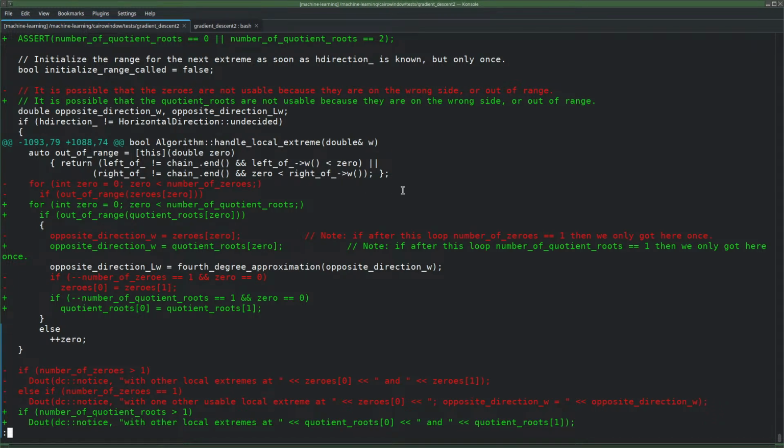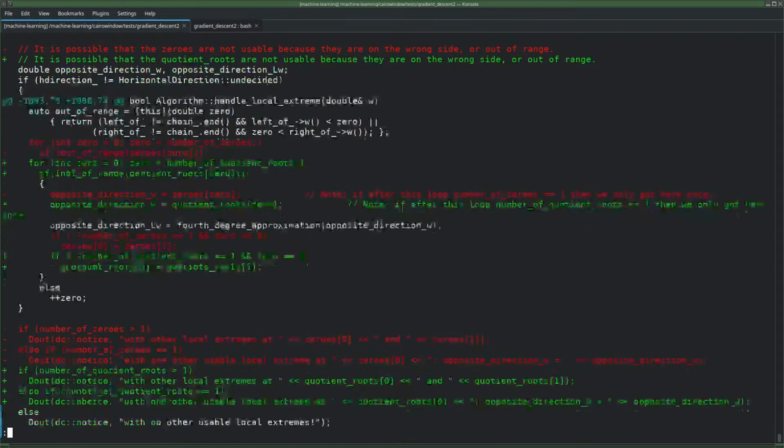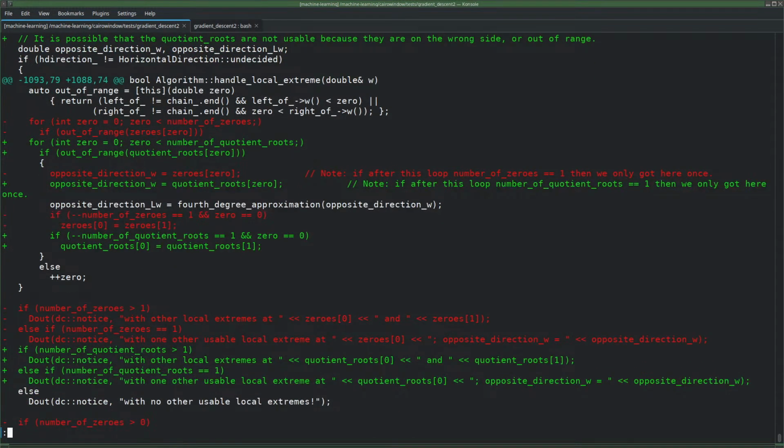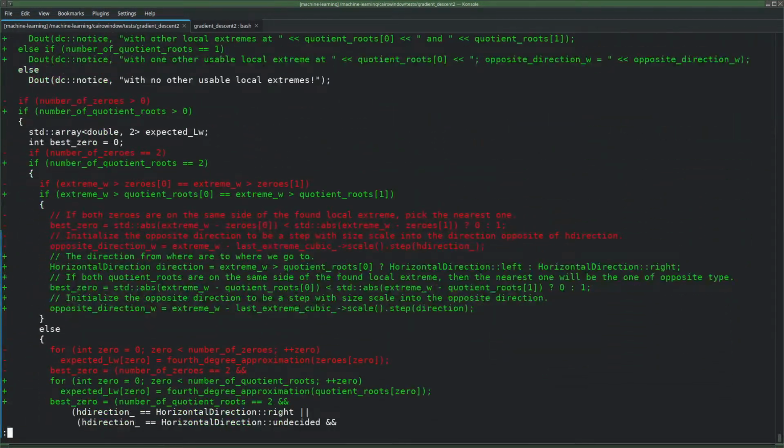Let's look at that file again. Well, there was just a bulk search and replace, so that cannot have gone wrong. I think I can just skip all that.